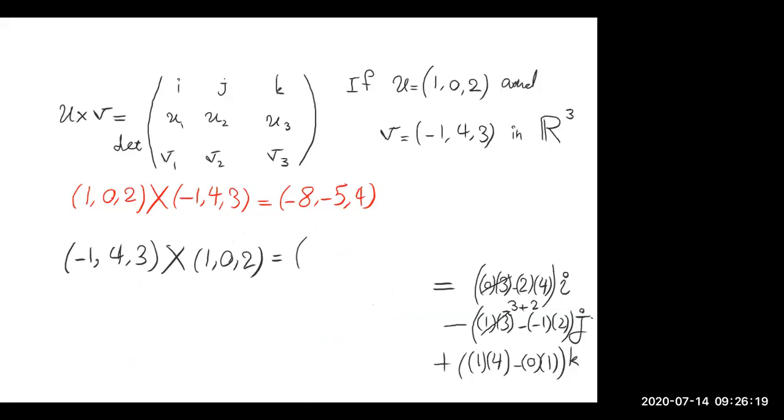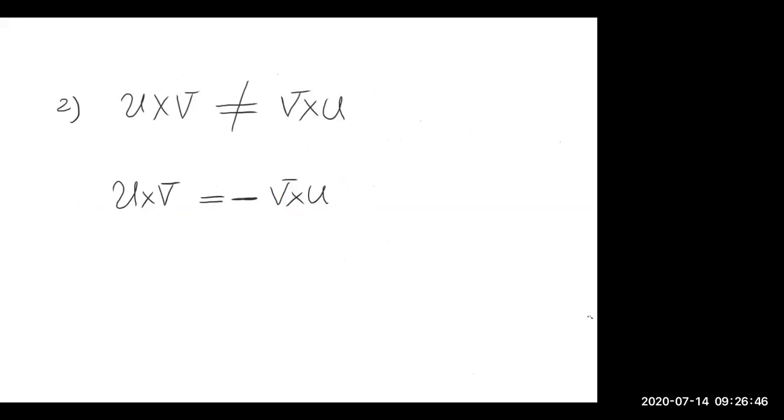So minus 8 would be 8, negative 5 would be 5, and negative 4. You see, the cross product of V and U and the cross product of U and V, in general, are not equal. One of them is minus the other one. Okay, so that's the first property.